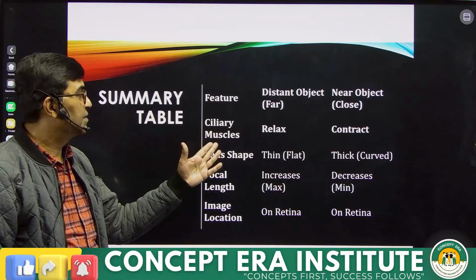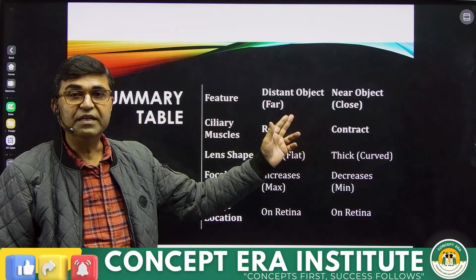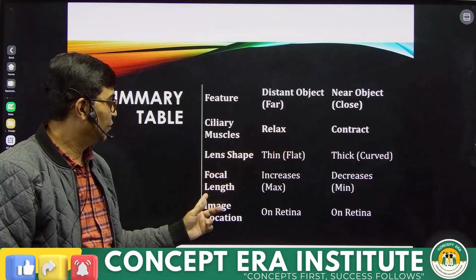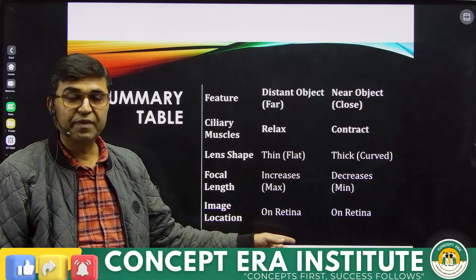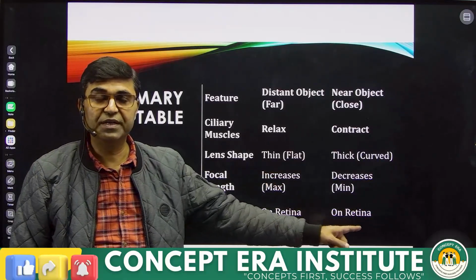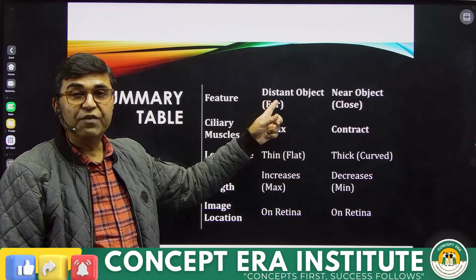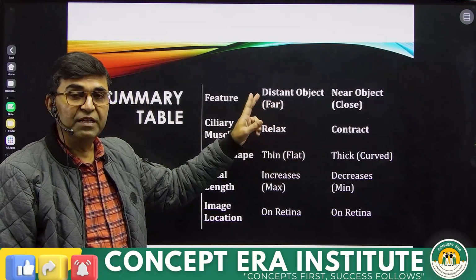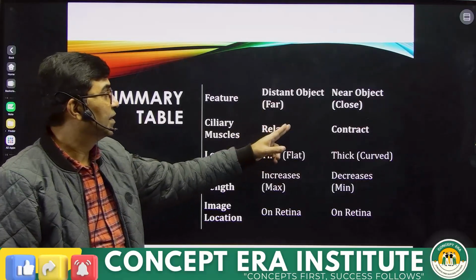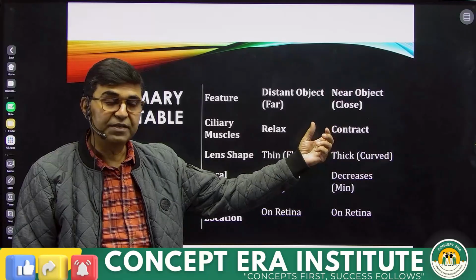Ciliary muscles, in case of distant vision and near vision, lens shape, focal length, and image location. Image location will be the same in every case, that is on the retina. When we are looking at a faraway object, the ciliary muscles are relaxed, and for a nearby object, the ciliary muscles contract.